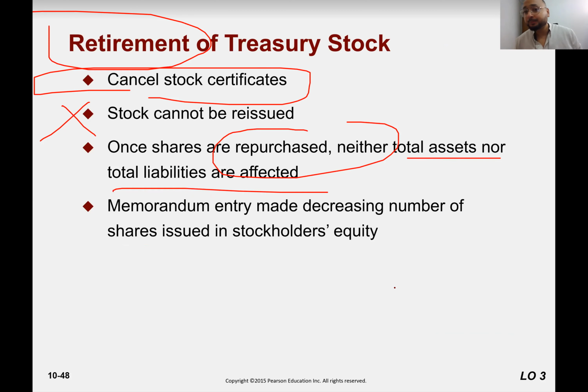Why is that? Because when you repurchase your own shares, your common stock is now not affected. So a memorandum entry is made to decrease the number of shares issued in stockholder equity. So if you retire the stock, you delete the stock, so your paid in capital increases, only the number of common stock decreases. That's it.